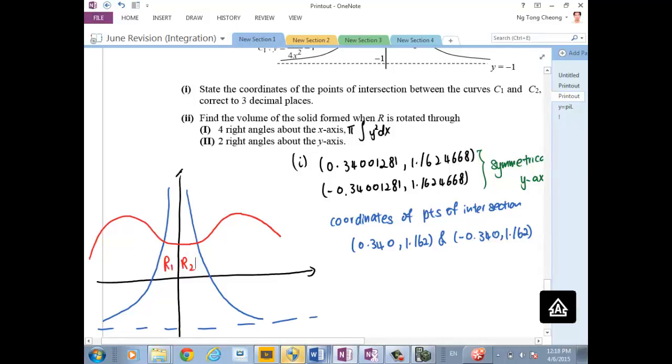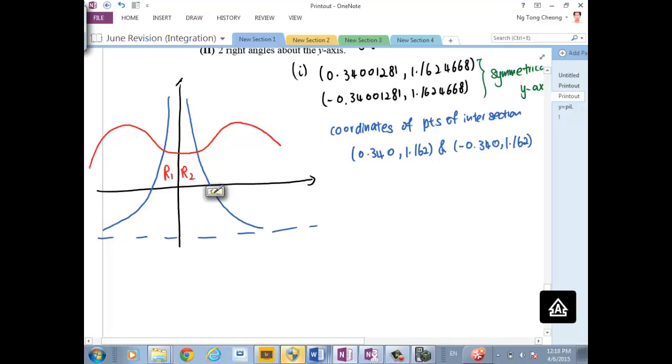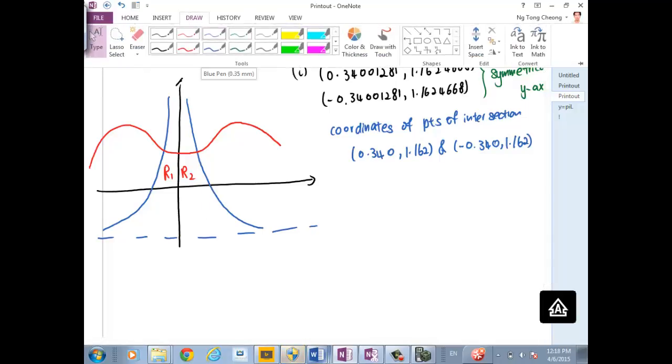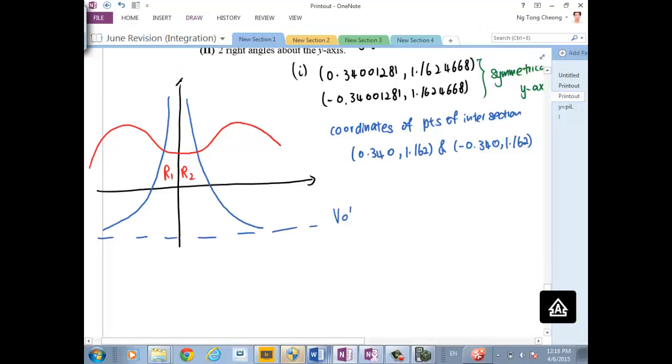The second thing is, remember just now we said that when I look at this set of coordinates, I know that the region is symmetrical about my y-axis. What this means is the volume generated by R is equal to the volume generated by R1 plus the volume generated by R2.